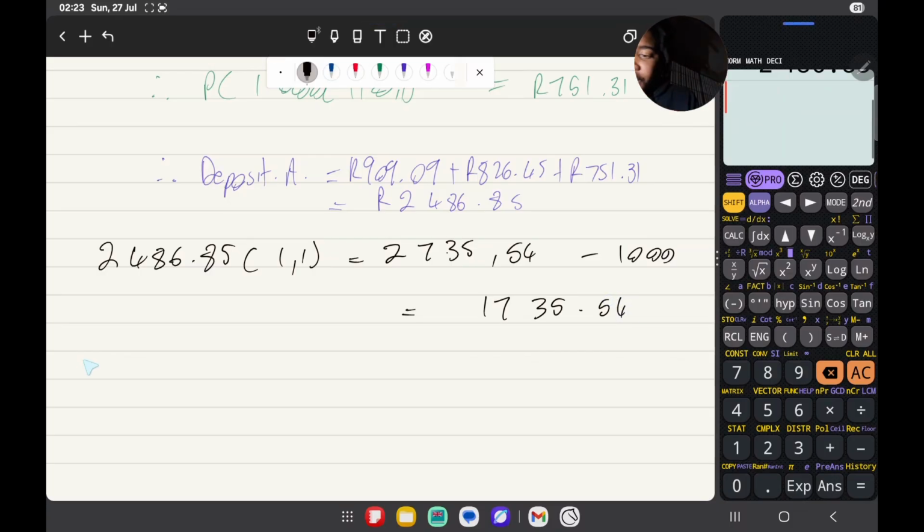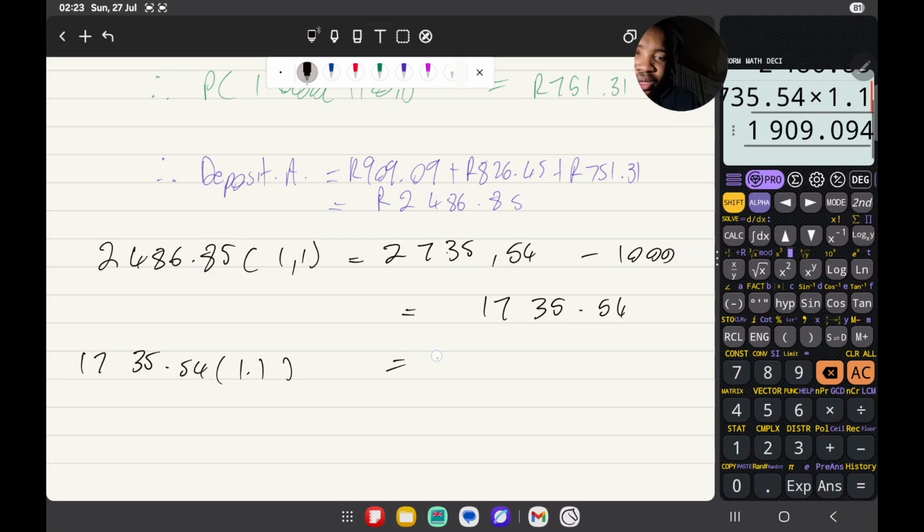So now I take that 1,735.54 and invest it for a year. I'm going to get 1,735.54 times 1.1. This is how much money I'll be having. 1,909.09, right? And then I withdraw the 1,000.